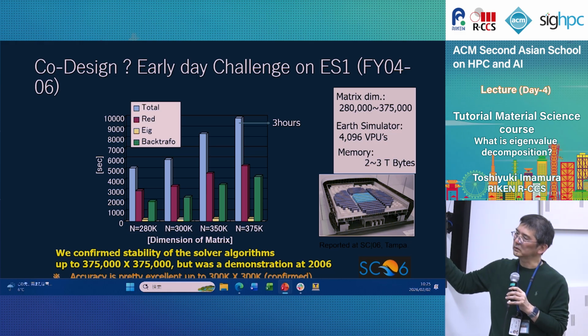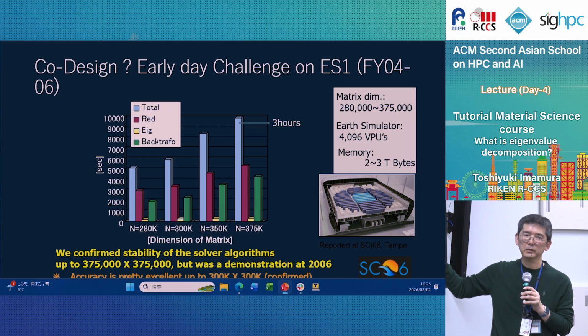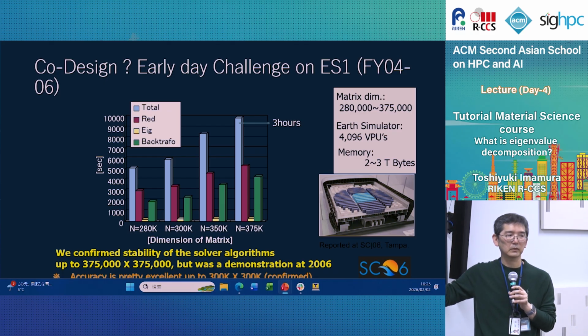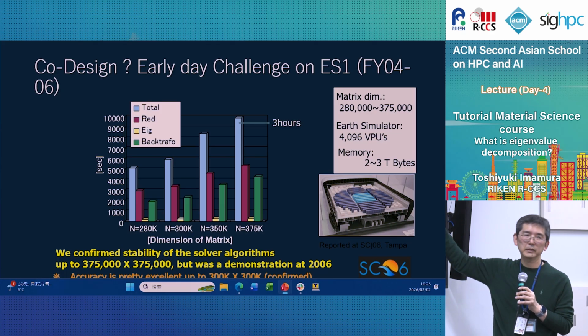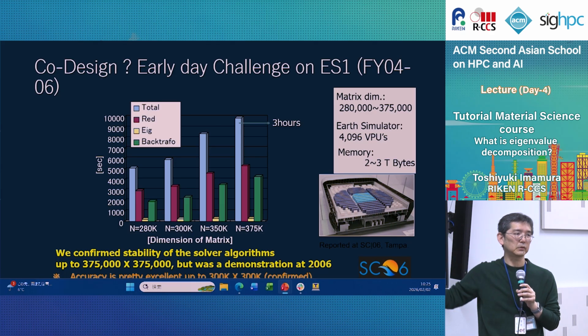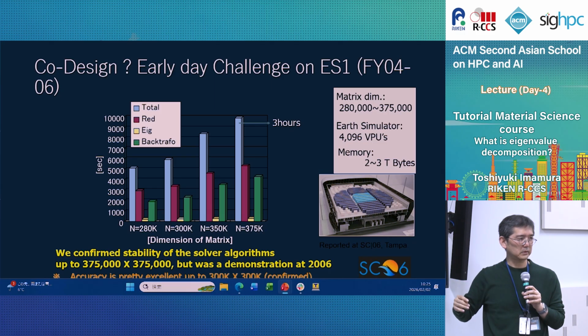The system showed only 50 teraflops. At the moment, 50 teraflops is what we can obtain from a single GPU card. But 20 years ago, we needed such a huge facility to get such high performance.